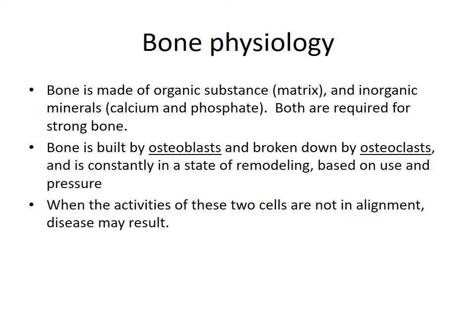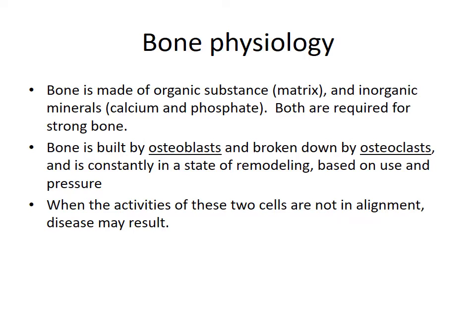If we think about the cells involved in maintaining our skeletal system, bone is built by osteoblasts, B for building, B for blast. So blasts build bone, and bone is broken down by osteoclasts, C for crush, C for clast. And these two sets of cells are constantly in a teeter-totter to remodel your bone based on how it's used and what sort of pressure is put on it.